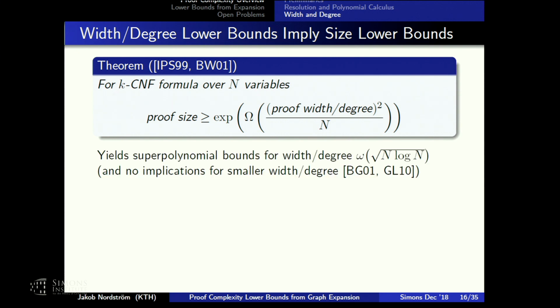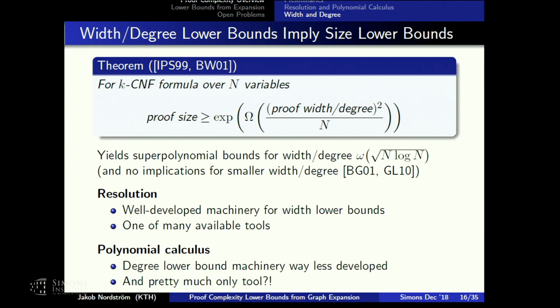What this means is that if I can prove a lower bound that is growing asymptotically faster than square root of n log n, then I have a super polynomial lower bound. If I can get a linear degree or width lower bound, then I have a truly exponential size lower bound. And this is also tight. We know that if you just reach square root n, then you can still be very easy with respect to size.